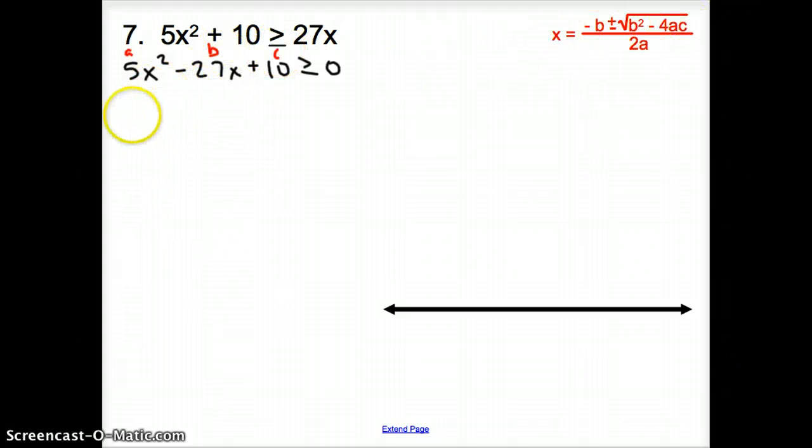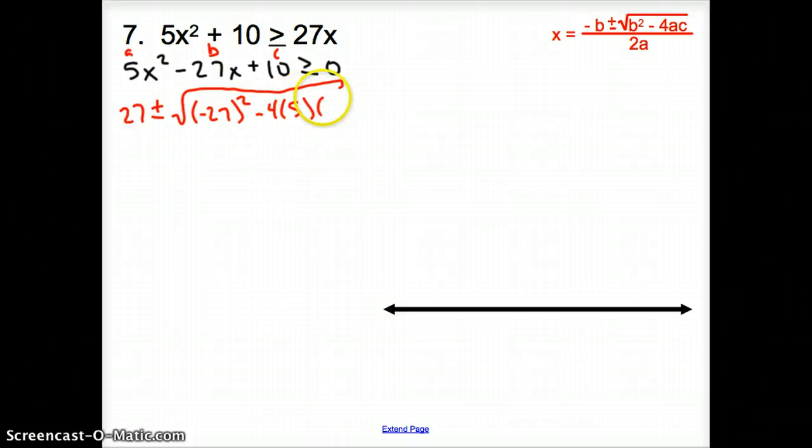So I need opposite b, which is going to be 27, plus minus the square root of negative 27 squared minus 4 times 5 times 10, which is our a and c. That's going to go all over 2 times our a, which is 5.